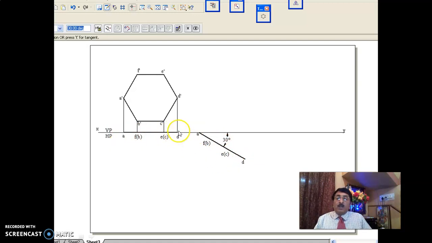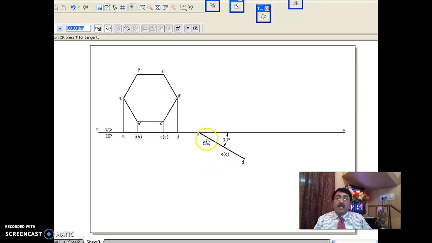When you pull it with A as the pivot point, such that corner A is in VP, this entire AD will be parallel to HP only. When it is parallel to HP, the top view will be in true length. That means this top view and this top view is the true length of the diagonal AD. This length and this length remain the same.